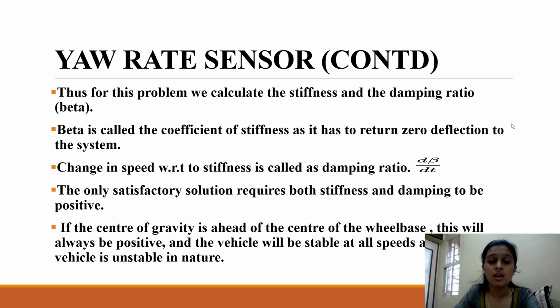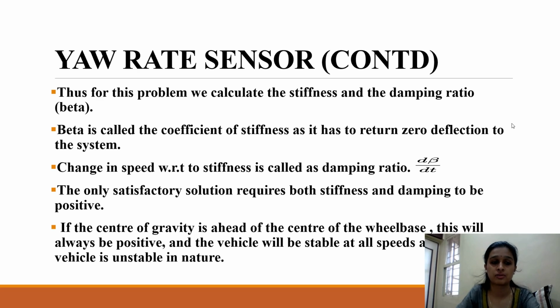Change in speed with respect to stiffness is called the damping ratio. Change in beta, that is change in deflection with respect to the change in speed, is what is called stiffness. Now the only satisfactory solution for theta and psi not being equal is that stiffness and damping ratio must be positive.